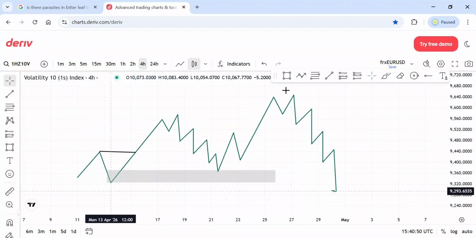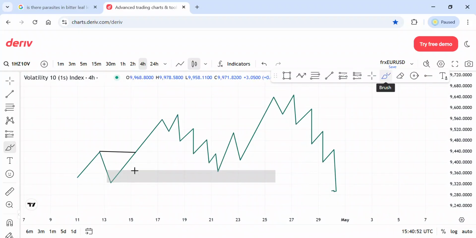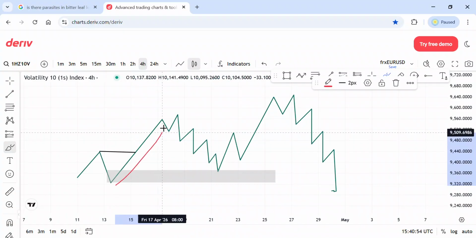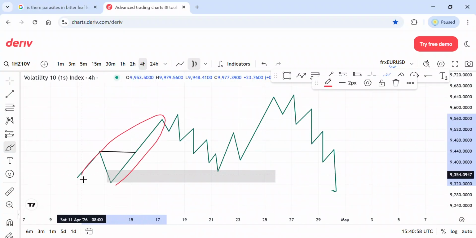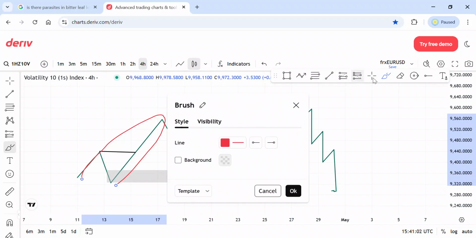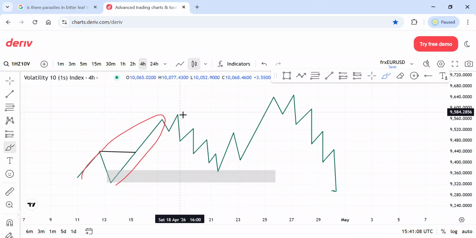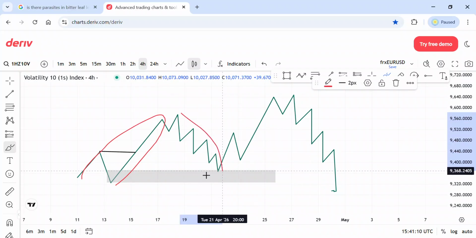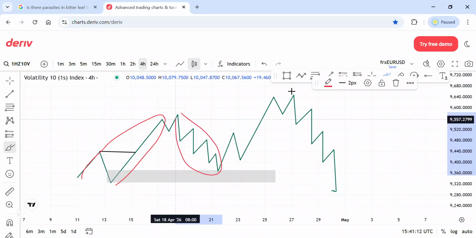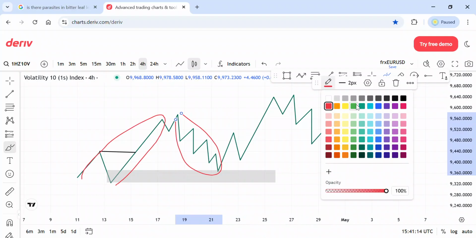Now let's assume that this trend is our 4H time frame. Let's assume this leg here is our 4H time frame. And let's assume that this one right here is our 15-minute time frame, okay?